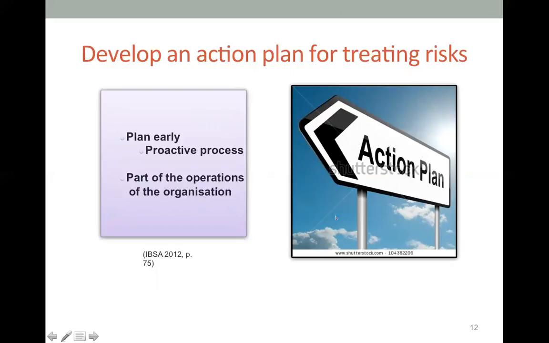In terms of developing an action plan for treating risk, we also understand that we need to plan early. Early means we have a proactive process in place, and it should be part of the operations of the organizations.